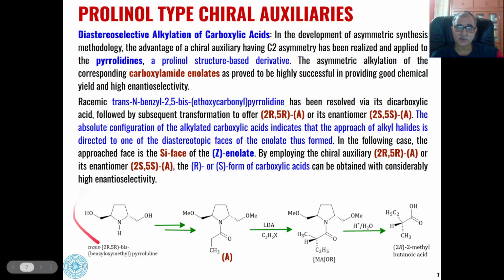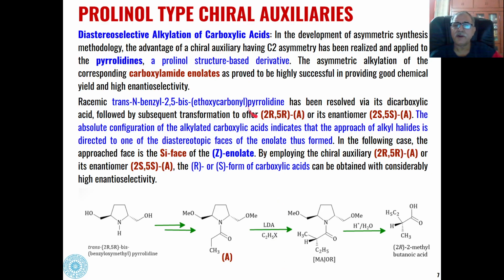So these types of pyrrolidine based chiral auxiliaries will first be converted into the corresponding amides, and then these amides will give us enolates in a similar manner, that is lithium diisopropylamide will react to create these enolates, and then these enolates will undergo alkylation reaction in a similar manner.